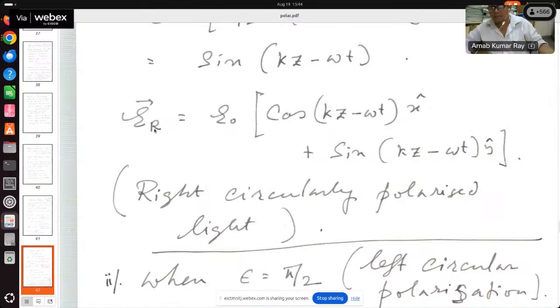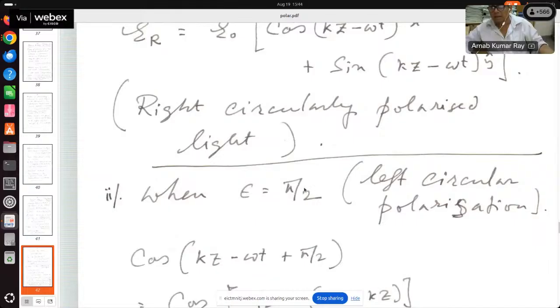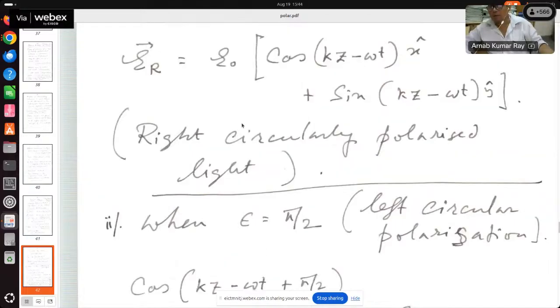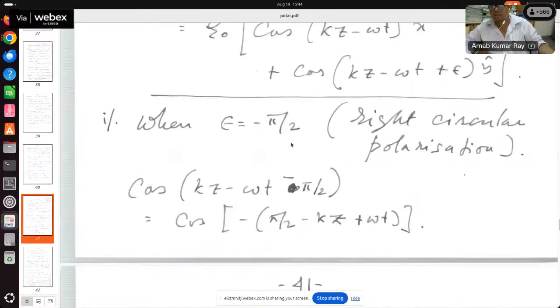It is rotating in the right circularly polarized direction, and this thing is left circularly polarized. Why am I calling this thing right circularly polarized? Because it's minus pi by 2. Minus pi by 2 means negative angle. Zero angle is the horizontal line on a circular scale, and negative angle is going clockwise, downwards along the right hand direction.